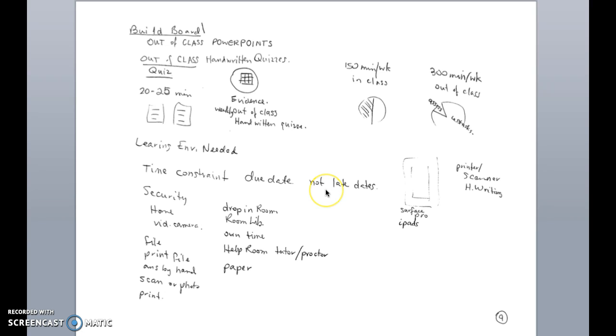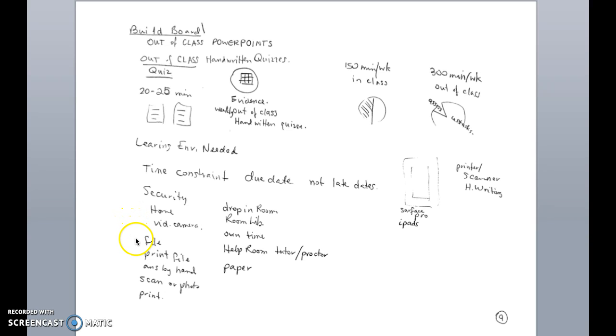The student kind of liked the one where it was due on a certain day and then you had 5 days after, which is kind of a hindsight way of doing things. But anyway, so that's what we were thinking about, just the time on the calendar and the time on the clock. Then we said, well, what about security? If we did it in home, would they need a video camera, or would we just trust them?